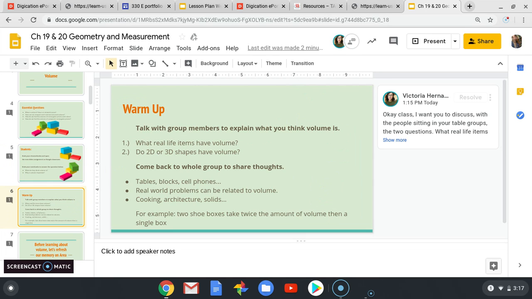When we're measuring things like oil for a cake, water, we use the correct volume to get the right amount. Architecture, when creating maybe a backyard or a pool, solids have volume. Another example is 2 shoe boxes take twice the amount of volume than a single box. So it's an actual item you can pick up.